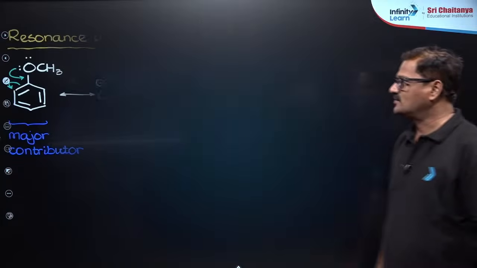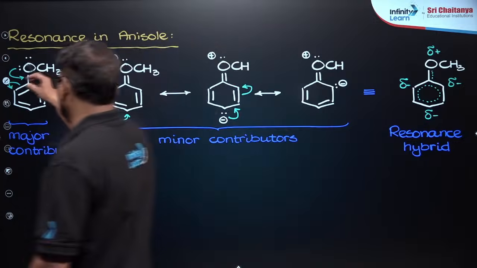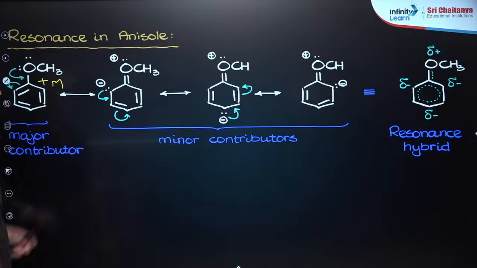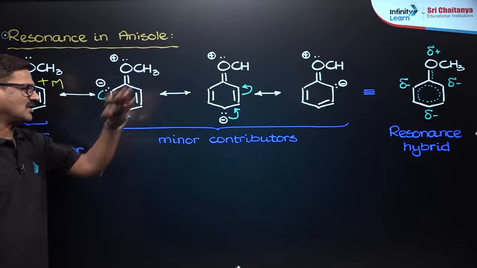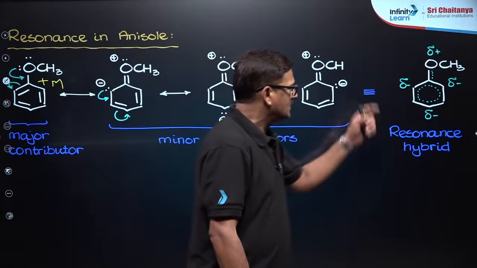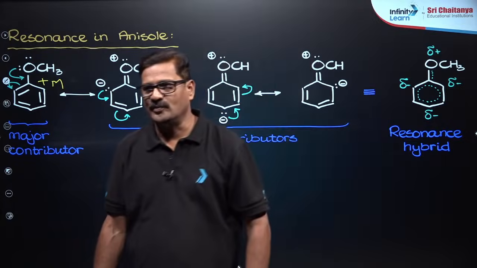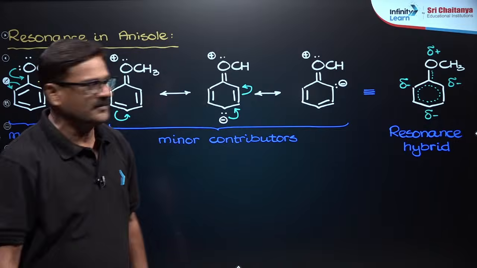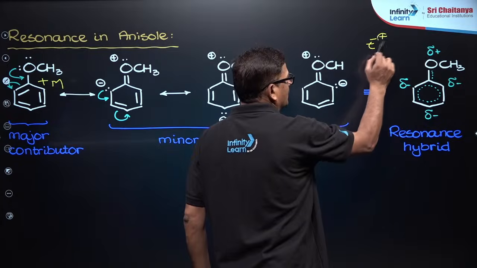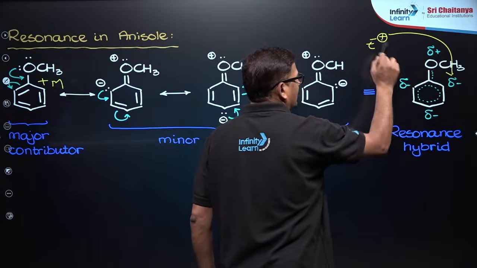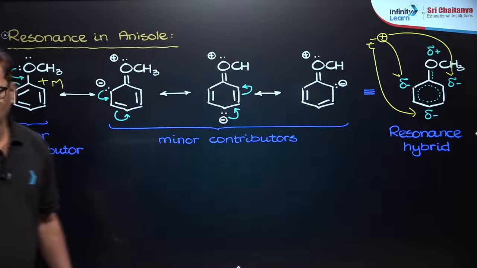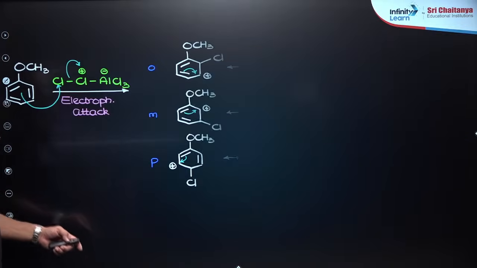Okay, and that's why you can see when this ring is given electron by means of positive mesomeric effect, you are going to get major contributing structures, and in the resonating structures, the negative charge is accumulated at ortho and para positions. Whenever the electrophile wanted to attack here, the electrophile can attack here, can attack here, can attack here. That's the reason why you are going to get ortho and para positions.